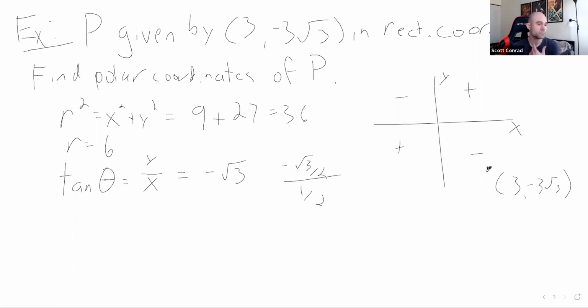And for what angle theta do we get that? We could call it negative pi over 3. That's fine. Or you could just add 2 pi to that. We could call it 5 pi over 3, etc. Either one of those is fine. They're the same angle.